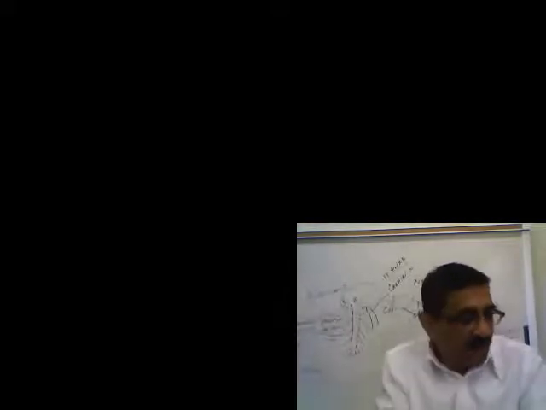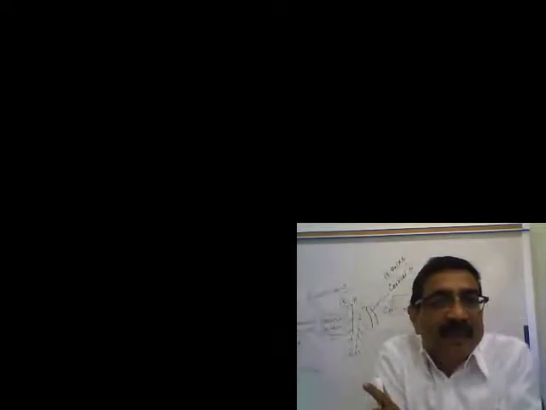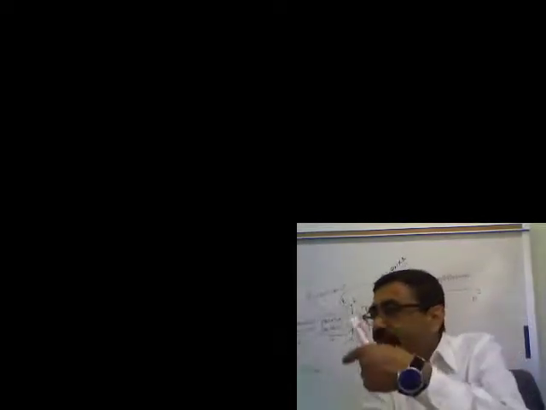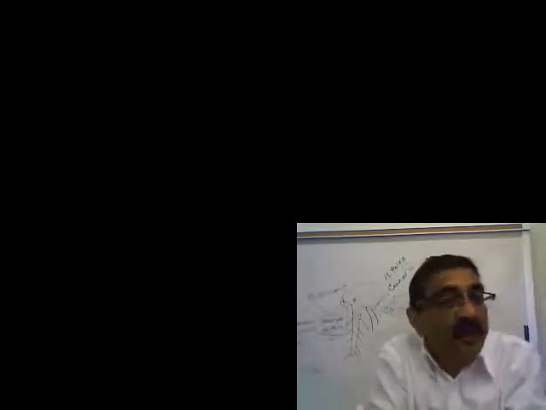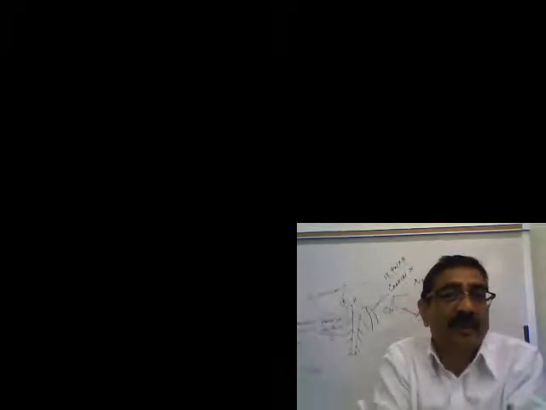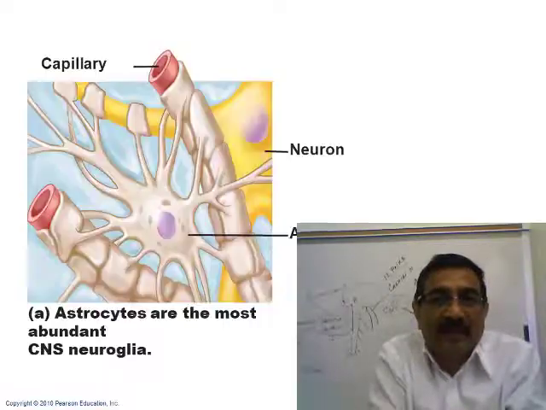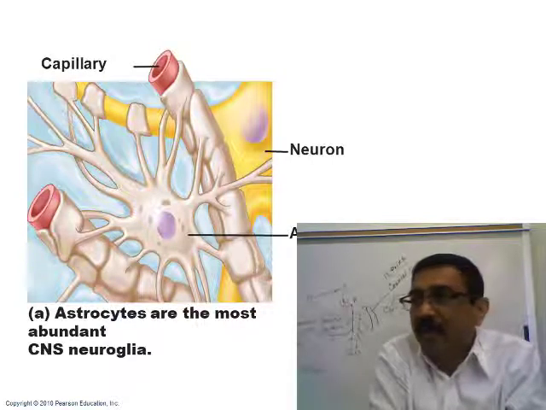And astrocytes perform a very important function. What is that? They form a layer around the capillaries of your brain. That is important. An extra layer around the capillaries of your brain.